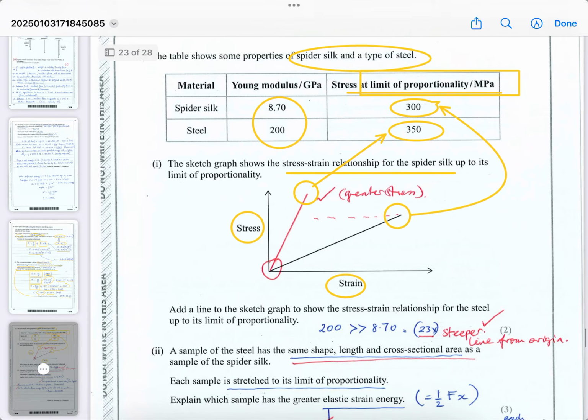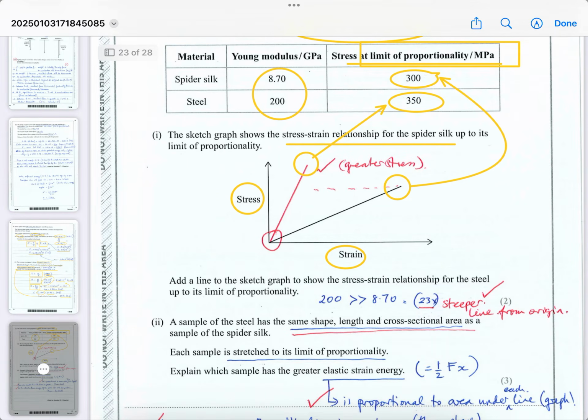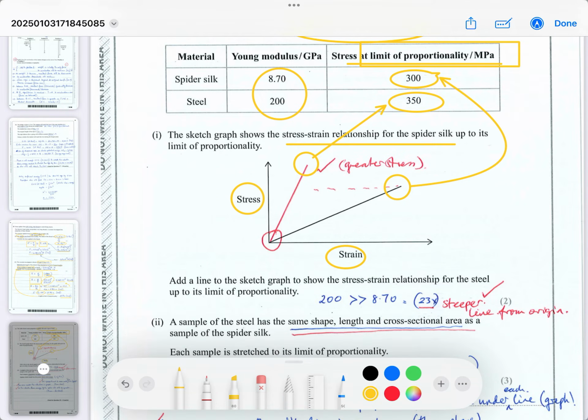So I've worked out that should be about 23 times steeper. They're not going to look at that, but they want you to show that the steepness is going to be greater, and you have to obviously draw them both starting at the origin, okay? Because when the stress is 0, the strain will be 0.